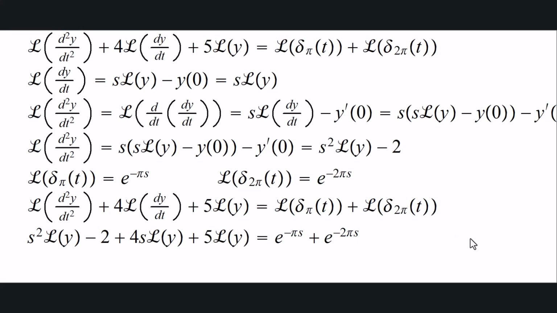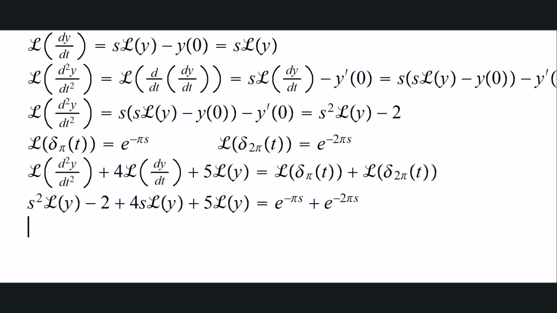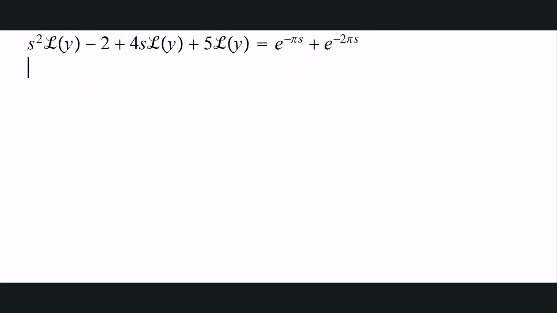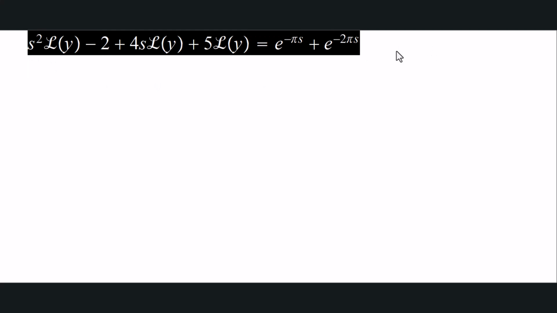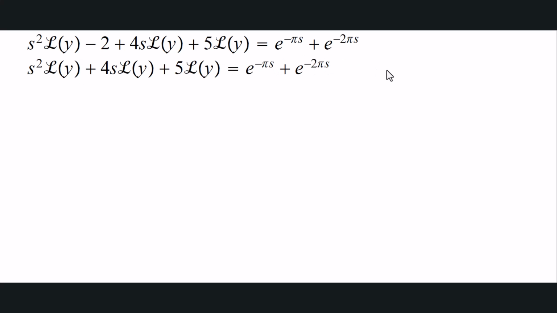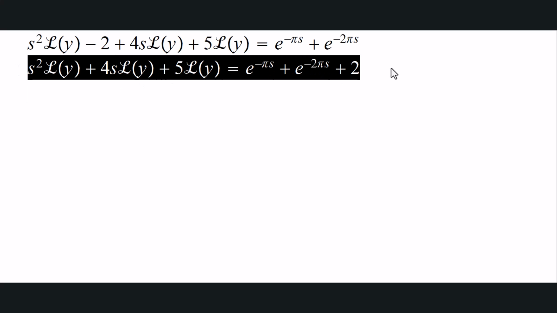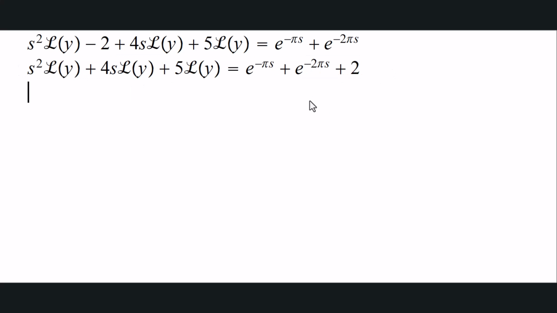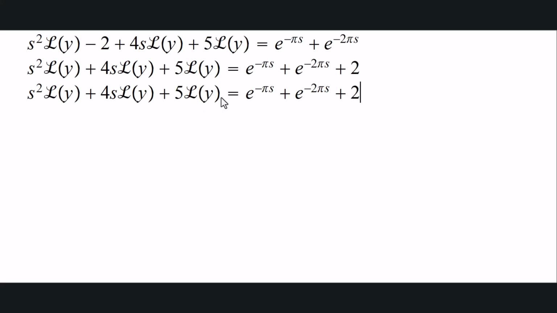So what we will do now is we are going to solve for what? Ly, and then we are going to take the inverse Laplace transform. So first thing we will do, just like we are working on algebra 2, is solve for Ly. So let's just put everything else on the other side. So we got this, and then we are going to factor the Ly out.